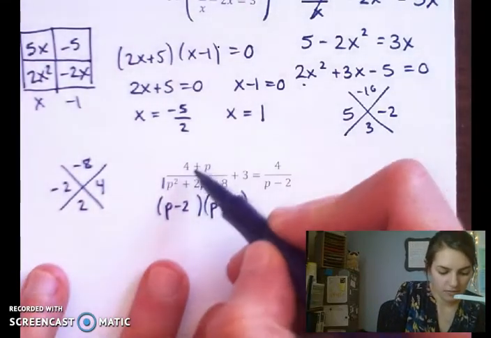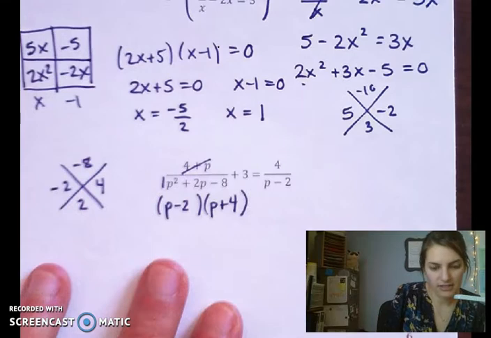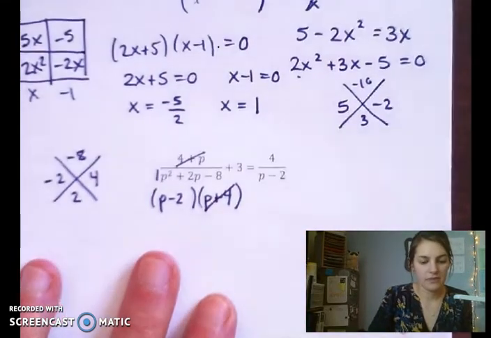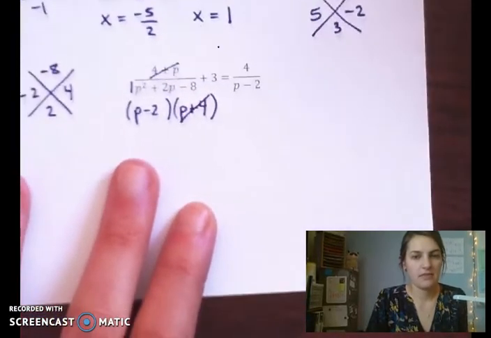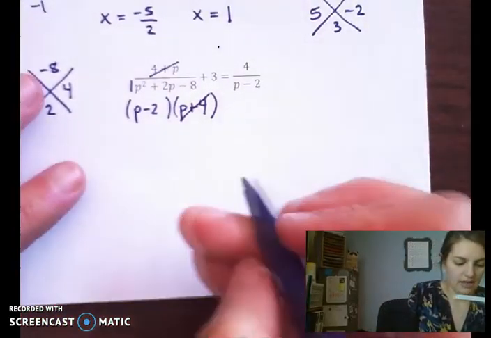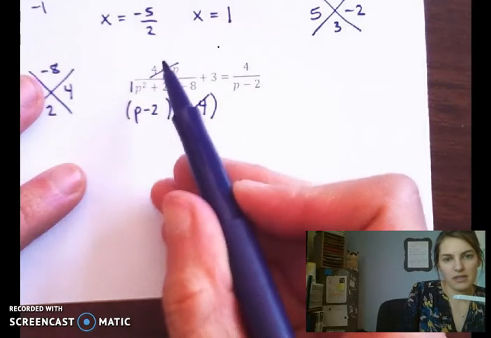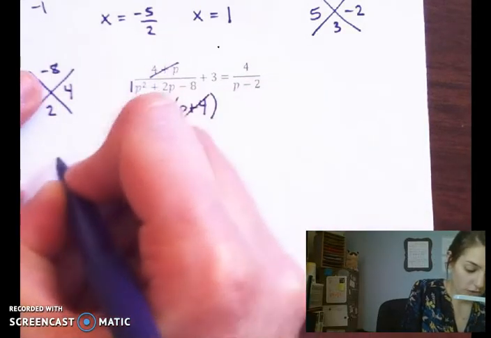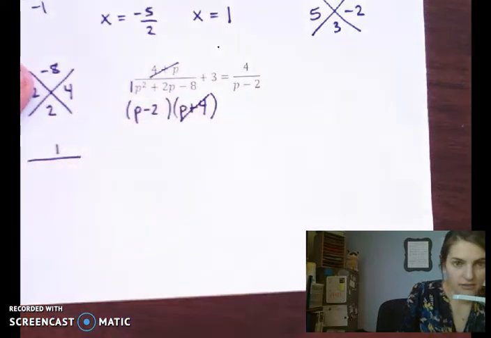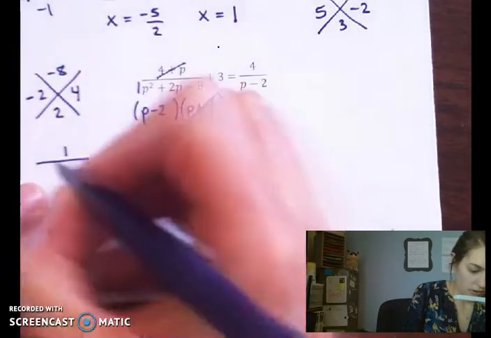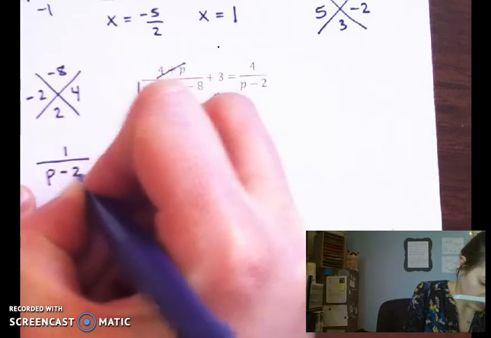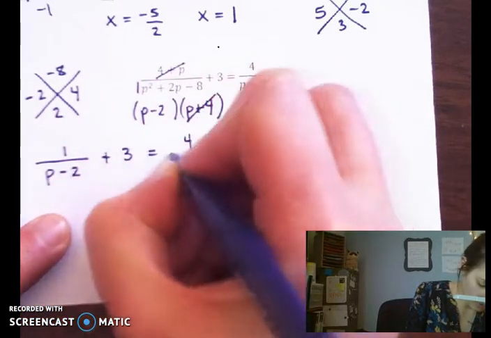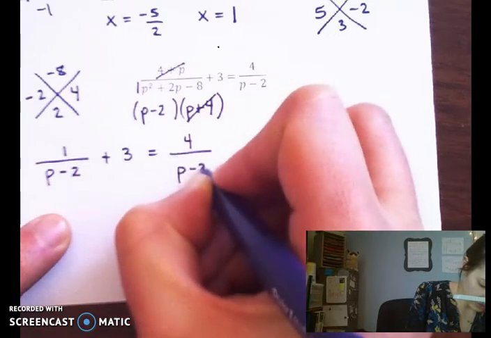So 4 plus p, that whole factor, is the same as p plus 4. So now I am simply looking at, do you remember when the whole top cancels what you put in place? Hopefully 1, you remembered. 1 over p minus 2 plus 3 equals 4 over p minus 2.